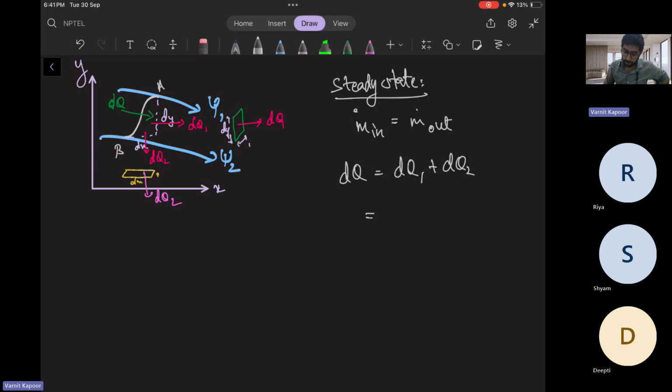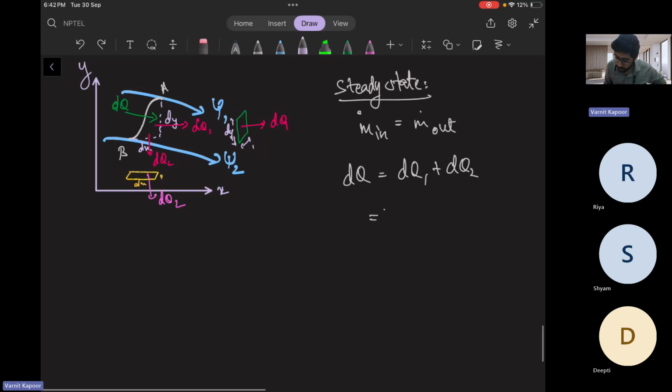The area for dq1 is dy into 1, and the velocity in the x direction is u.